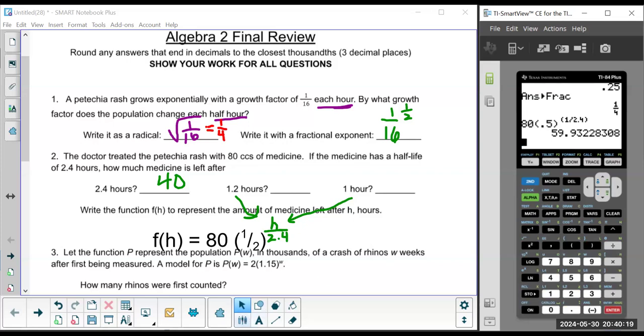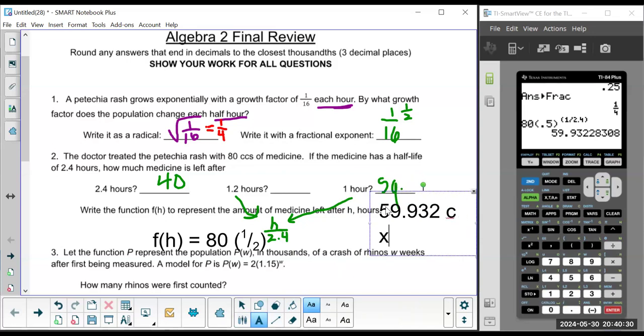So 59.932, and then don't forget the units, cc's for that one.